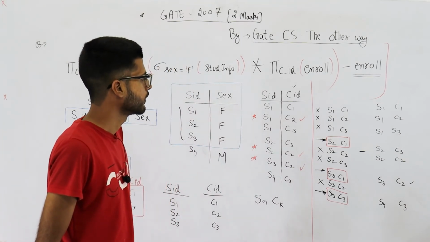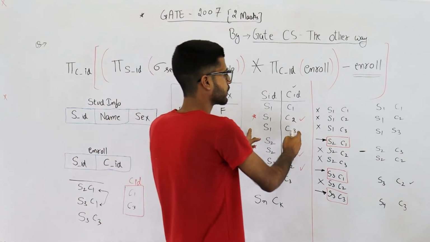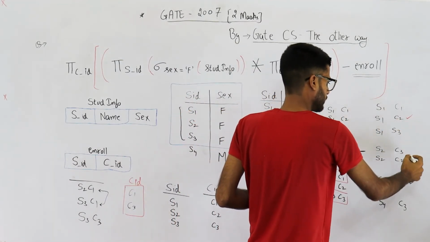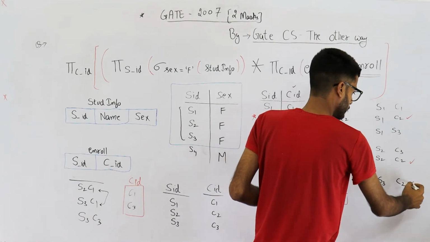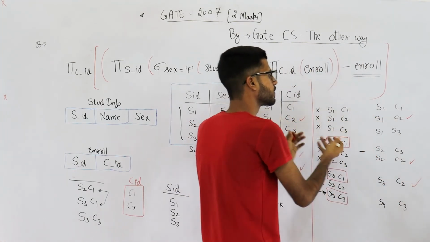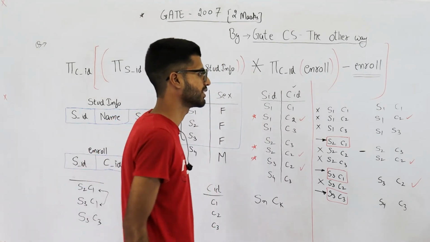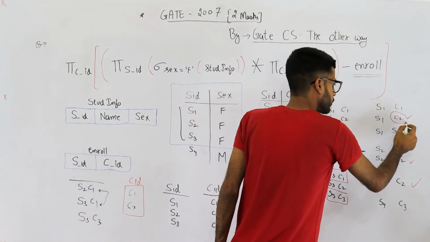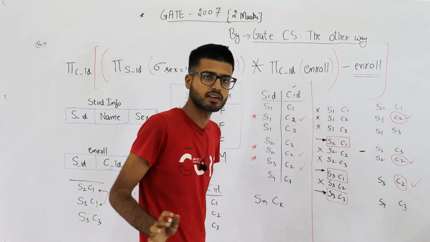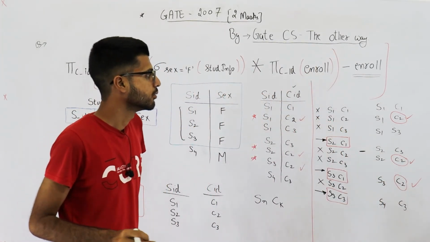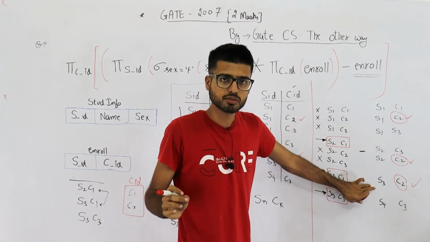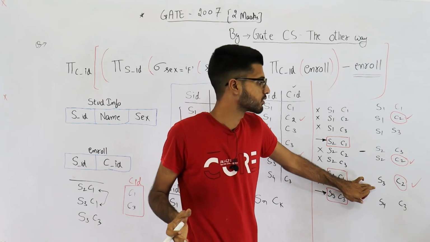Now actual scenario is also same. This one also says C2 is chosen by S1, C2 is chosen by S2, C2 is chosen by S3. And all these three rows are being removed. That means we are completely removing this course C2. C2 will not be a part of result by any chance because S1, S2, S3, all the female students have actually enrolled for this course C2.